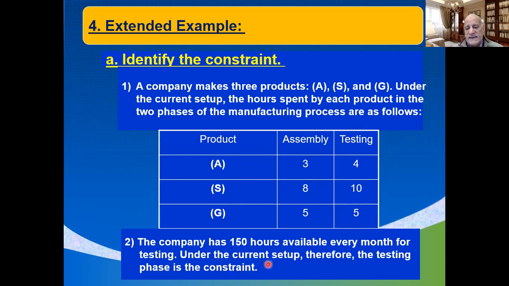Under the current setup, under this operation, therefore, the testing phase is the constraint. We assumed that there is no problem as for the assembly. We have enough capacity. But the bottleneck is in the testing phase.